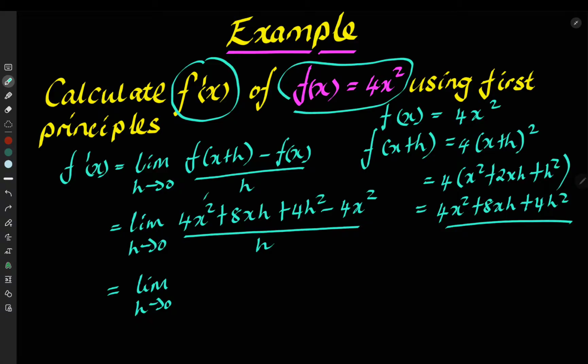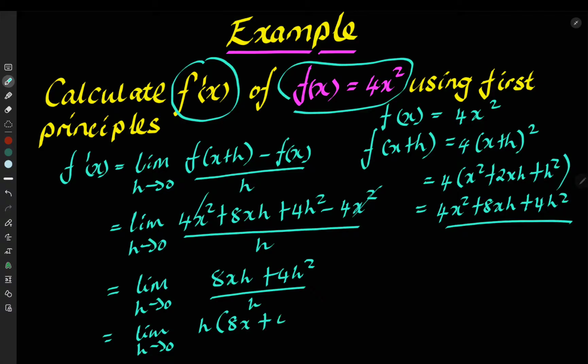So in this case, this 4x squared will cancel, and we'll just be left with 8xh plus 4h squared divided by h. Then we factor out the h on the numerator. That will be lim h approaches 0, then we factor out h, bracket 8x plus 4h, divided by h.